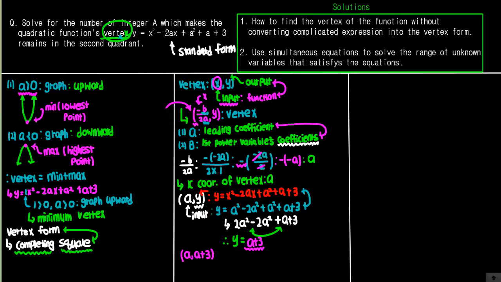So the x value of the quadratic function was negative b over 2a, which we found to be a. We don't have to memorize a formula for the y, because y is the output of our function, which means if we input our x value, which was a, we get an output of a plus 3.